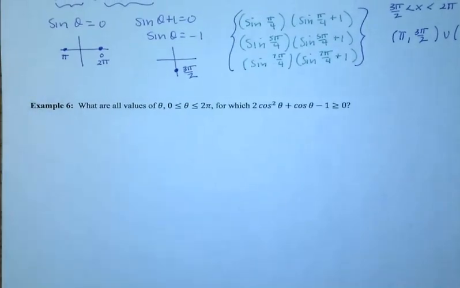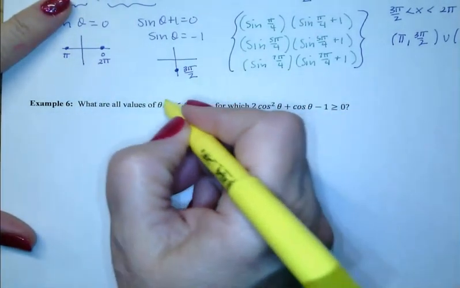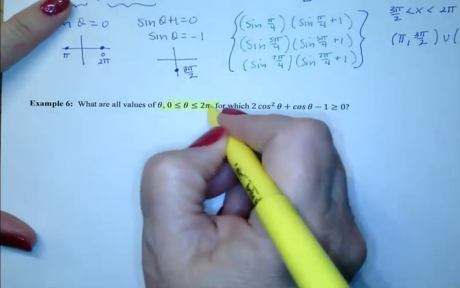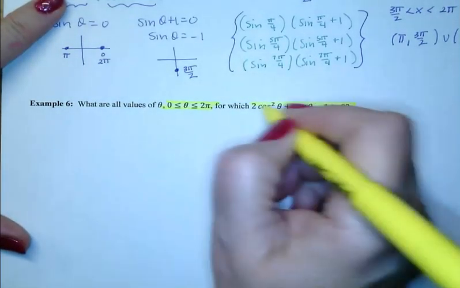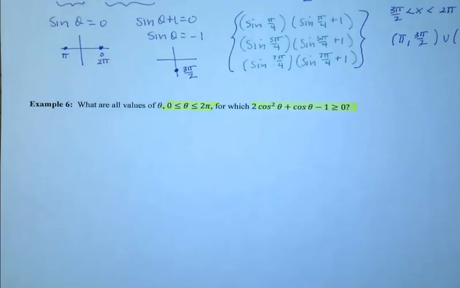So in our last example, remember the things we're paying attention to are what is the interval that I'm using, and then what is my equation and how is that inequality set up. So the first thing we have to do is get that cosine to a point where I can have factors, or I can condense it down to a single cosine value.